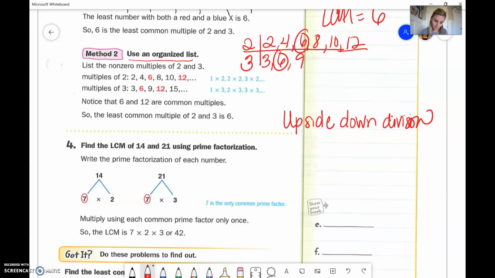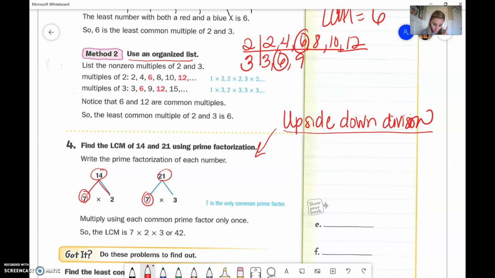So for example, I'm going to use these because you notice that they did the prime factorization. Now, the only thing that is different in the prime factorization, we're going to do this part first before we do the upside down division. They have broken it down: 7 and 2, and 7 and 3. 14 and 21, that's as low as they'll go. So you're going to notice that they both have a 7 in common.